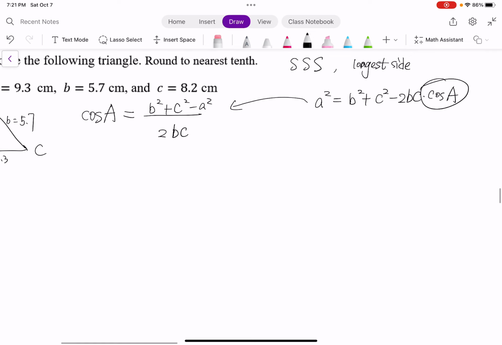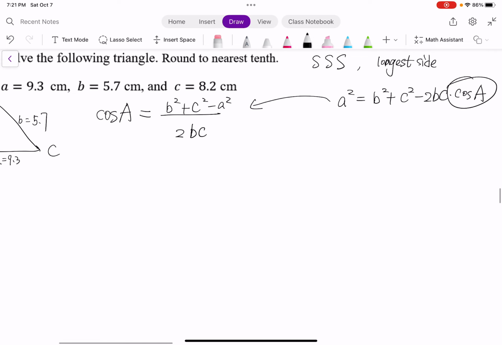Then let's input all the data. So we have 5.7 squared plus 8.2 squared minus 9.3 squared, all divided by 2 times 5.7 times 8.2.